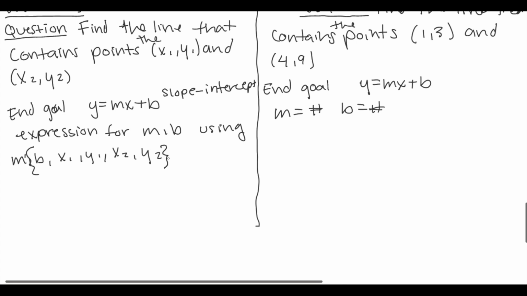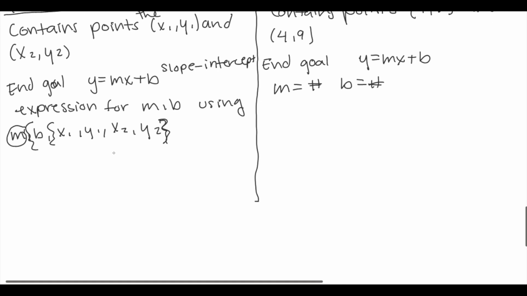For the expression for b, we can use m and then our points. We'll see what that looks like if it's confusing at first. But first we have to think about what it means. What are slope and y-intercept? Your m is your slope, and b is your y-intercept.